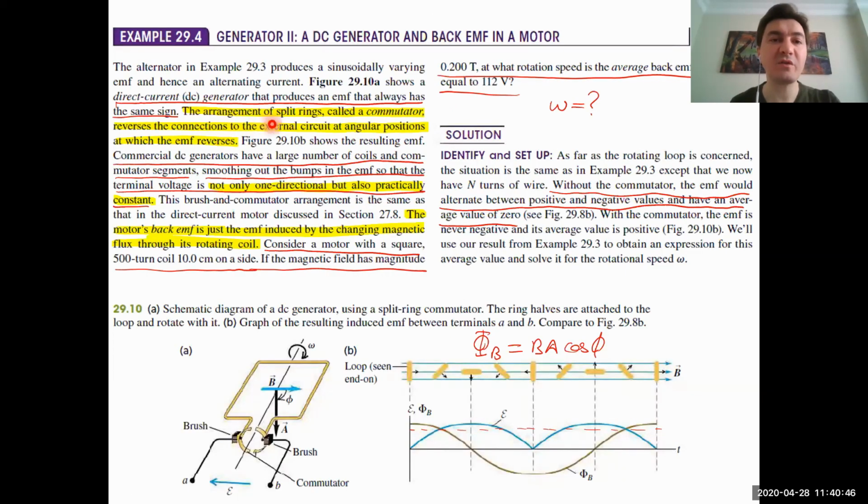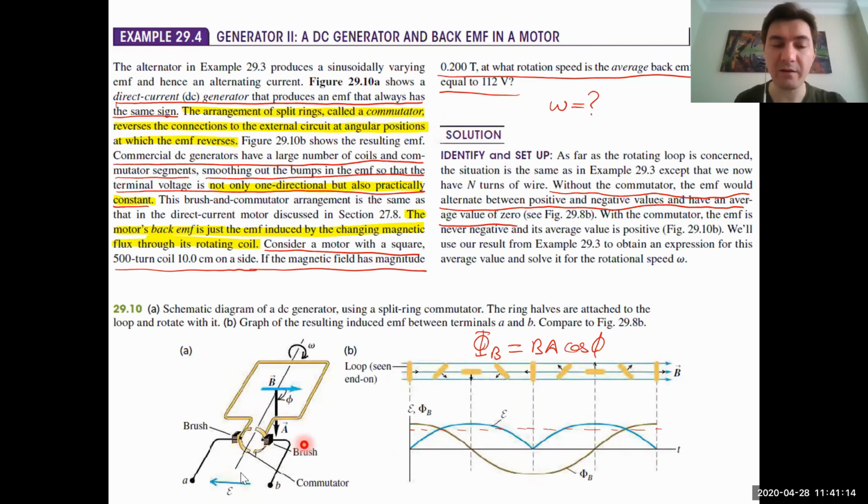The arrangement of split rings, here we have a half ring, here we have another half ring. They are called split rings, called a commutator, which reverses the connections to the external circuit at angular positions at which the EMF reverses. We have discussed this one during the previous lectures in electric motors, okay?